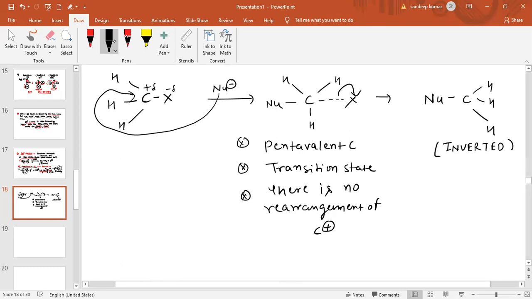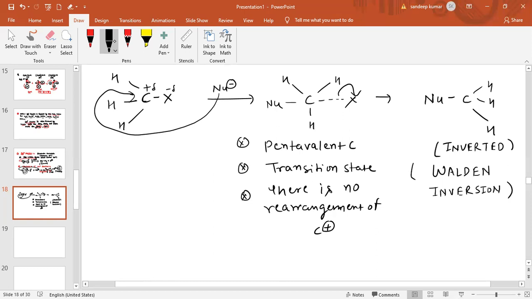Also we call this Walden inversion. This phenomenon of inversion of product we call Walden inversion.